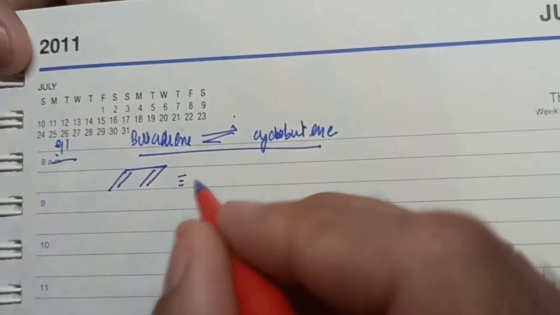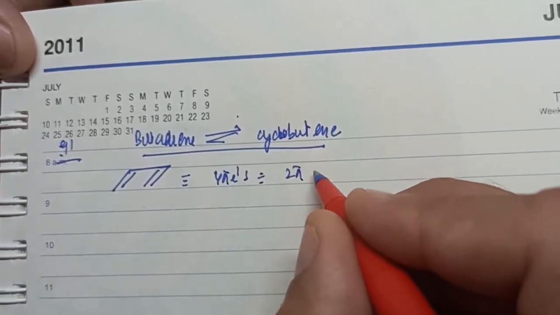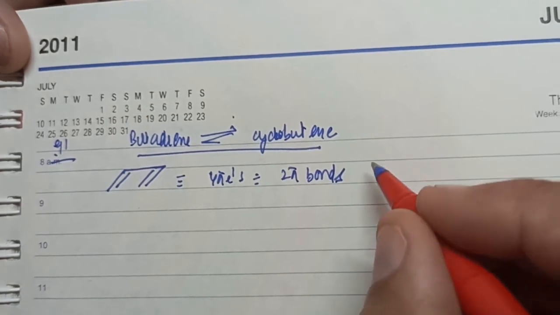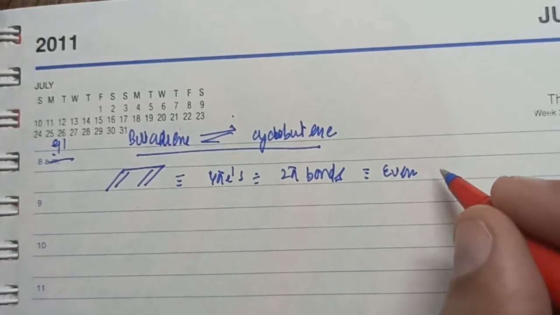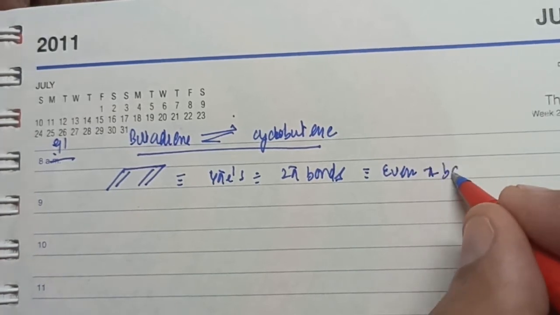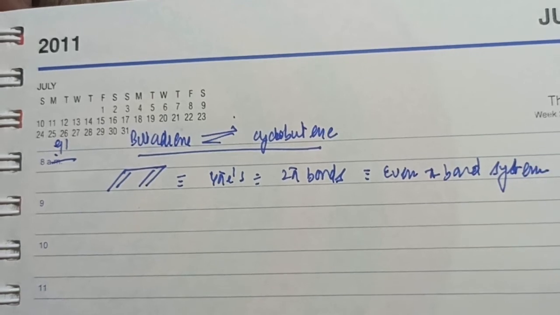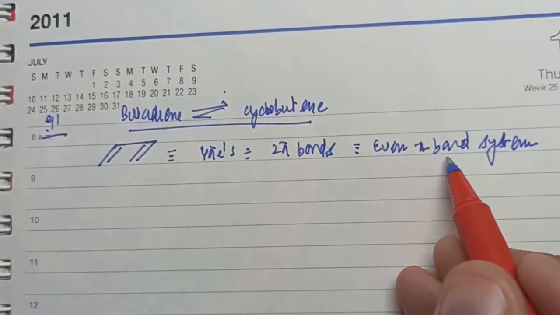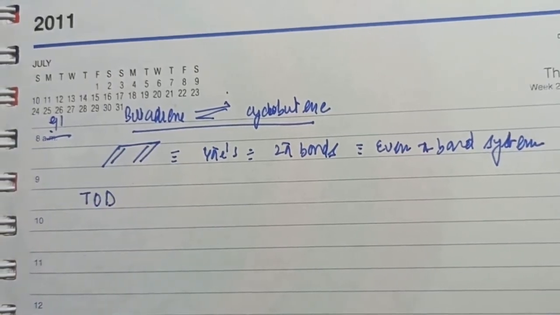It has 4 pi electrons, or you can say it has 2 pi bonds, right? 2 pi bonds means it has an even pi bond system. Now using this formula, it is an even pi bond system. I remember just one formula that was taught, right?